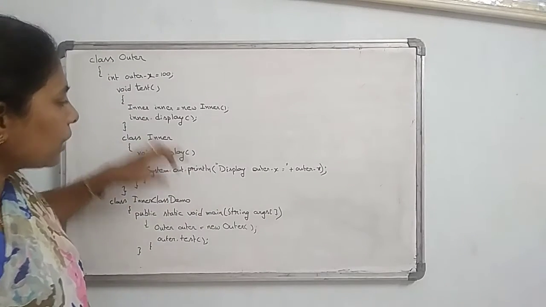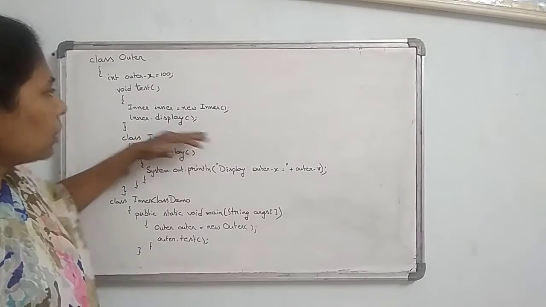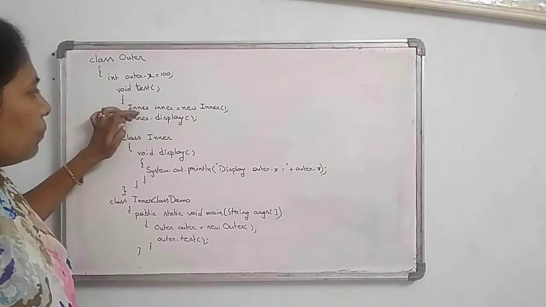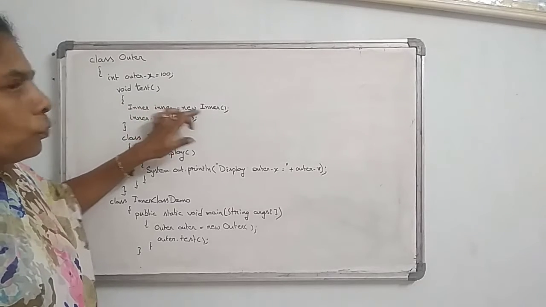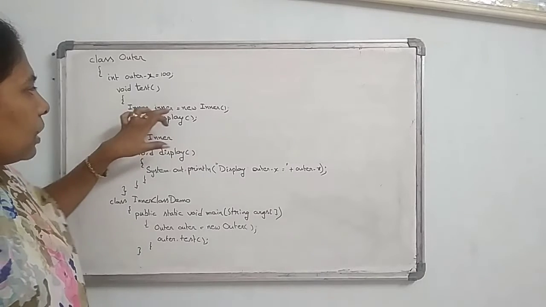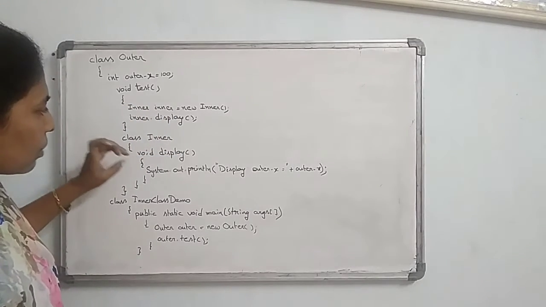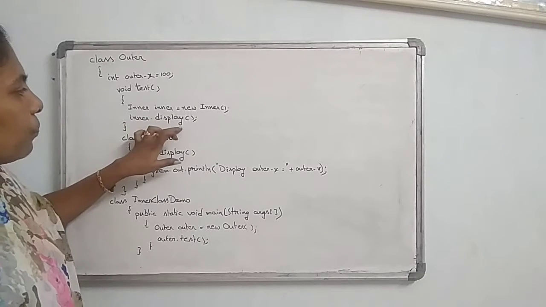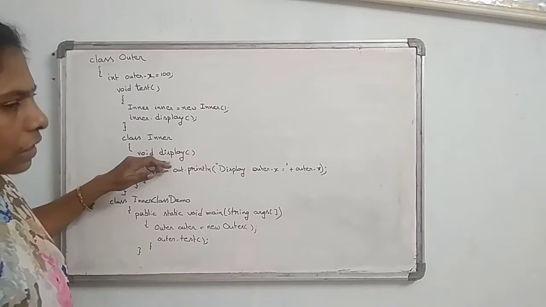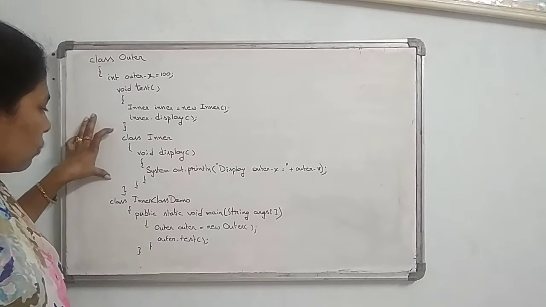Now I create the object of this inner class, using the class name, object, new, constructor. Then I access the display function through inner.display. That means the methods are accessed through the object.